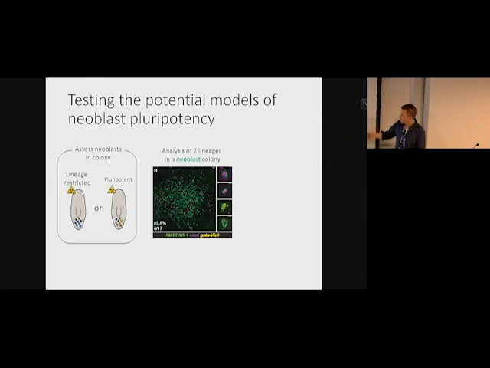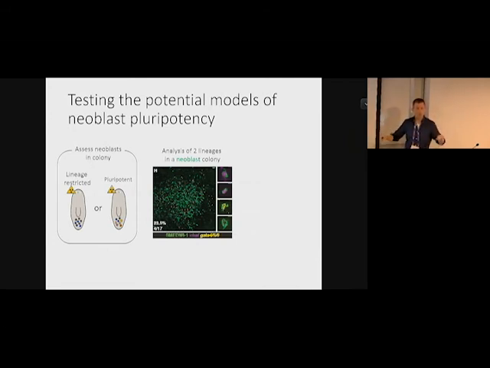This marker here is ChAT, a neuronal marker, and here in yellow is GATA456, which is an intestinal marker. So what they showed in this in situ is that there are colonies that have cells from both ectoderm and endoderm. Based on this analysis, the colony is not restricted to just a single lineage, at least 2 lineages.